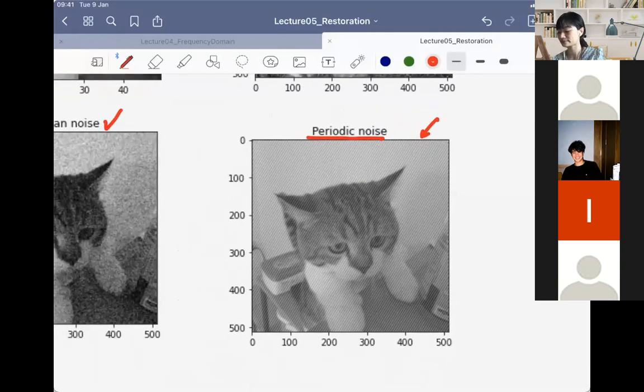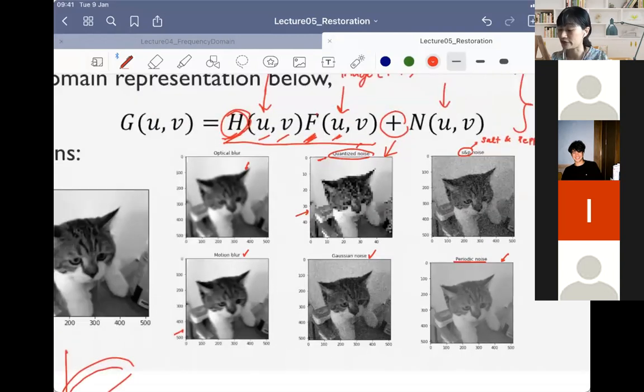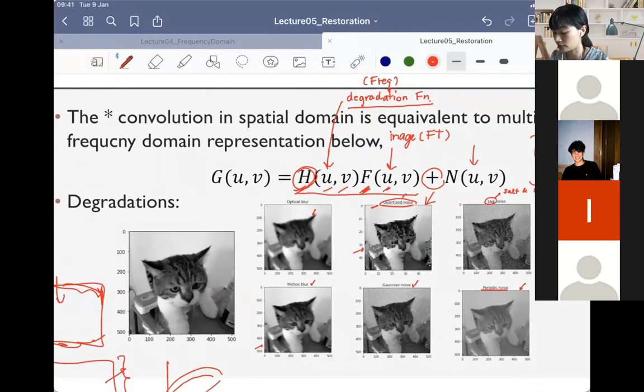Okay. Yeah, so there are many different types of degradation. So the noise, let me classify a little, really quickly. The noise can be S&P noise, salt and pepper, or the Gaussian noise and the periodic noise.